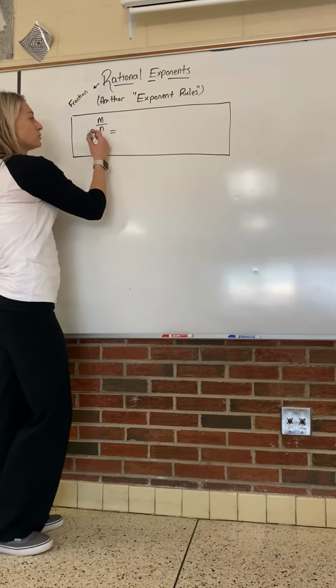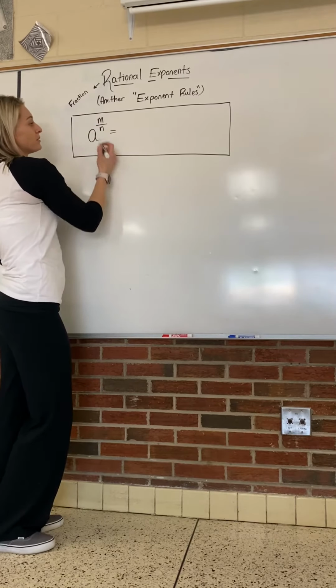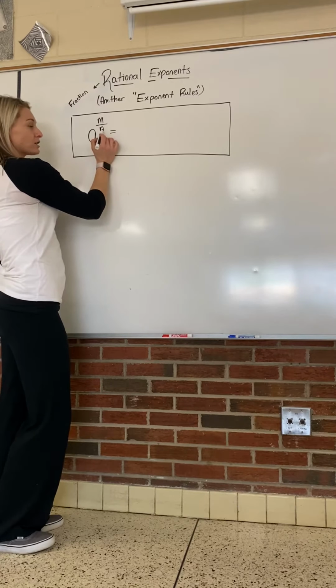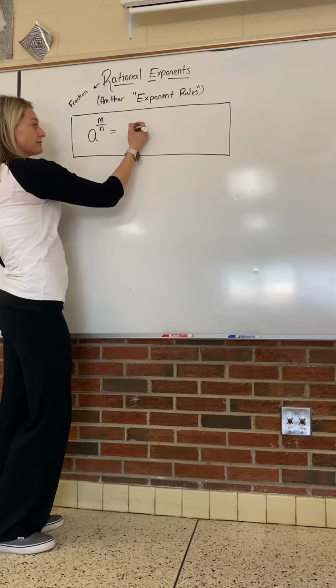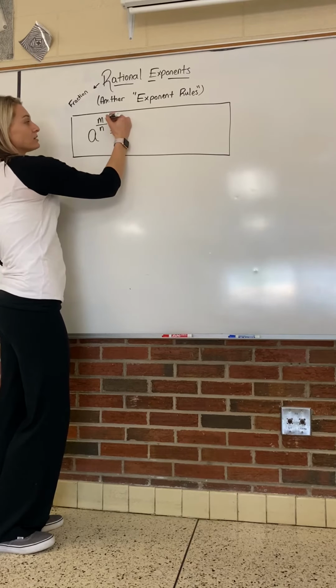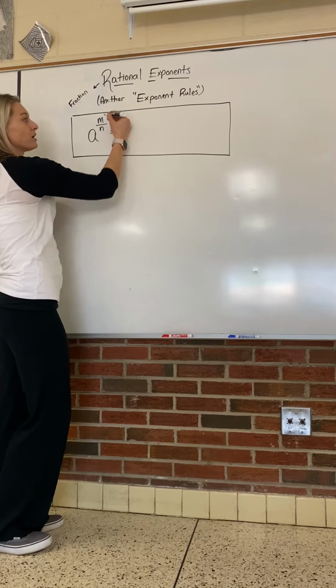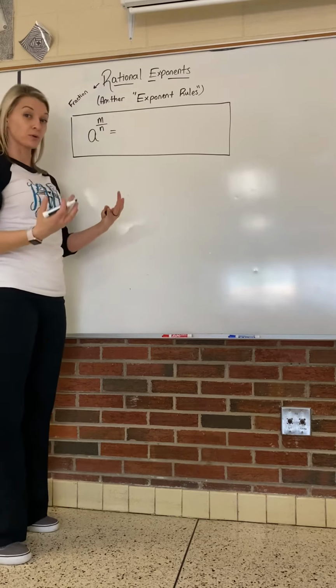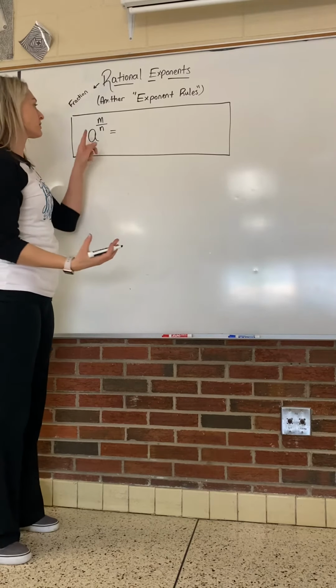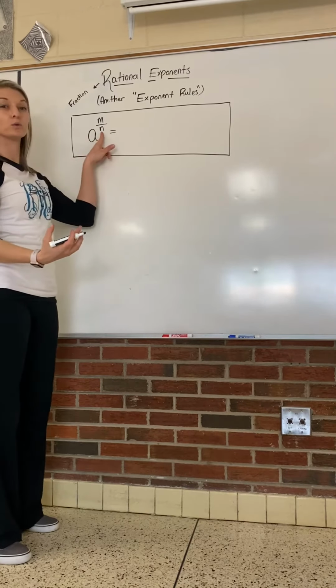Okay, so whenever you have a base to an exponent that's a fraction, one way that you could write it is the top number will become the exponent. It's still going to be the exponent. The bottom number will become a root.